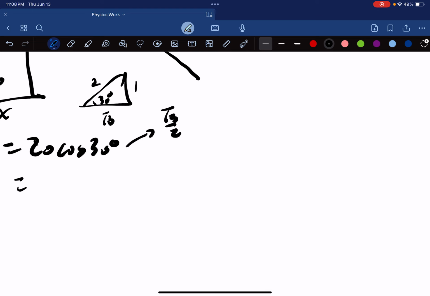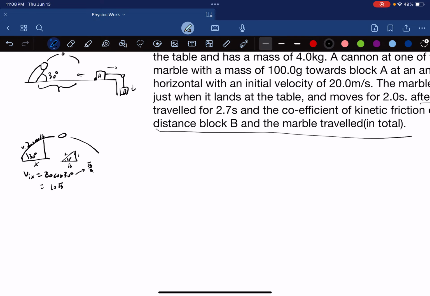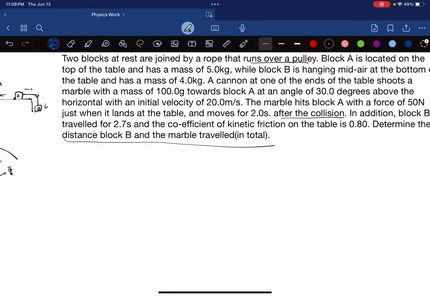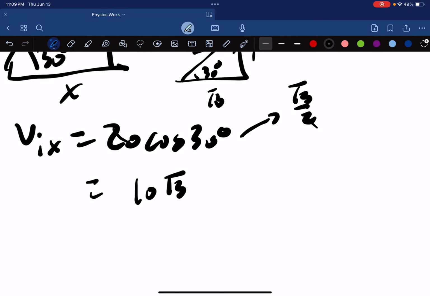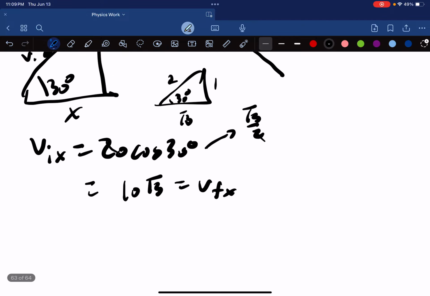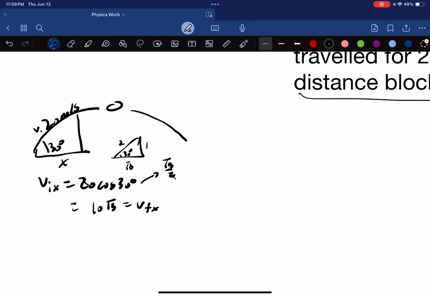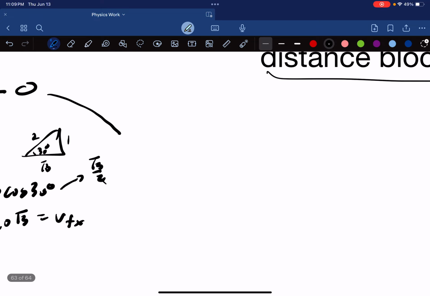The 2's cancel out, so that's just 10 root 3. Now, since nothing says anything that's changing the horizontal component, Vix equals Vfx. Because there's nothing that's changing the horizontal velocity.